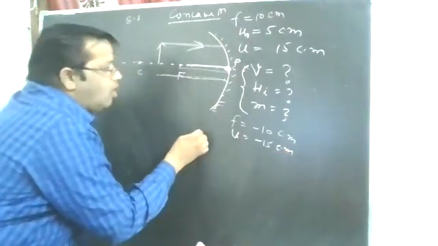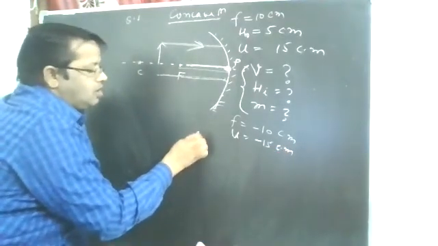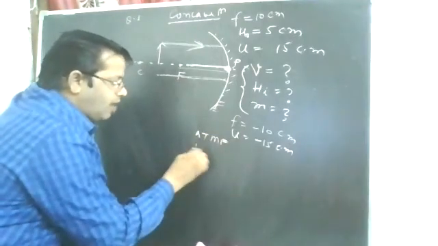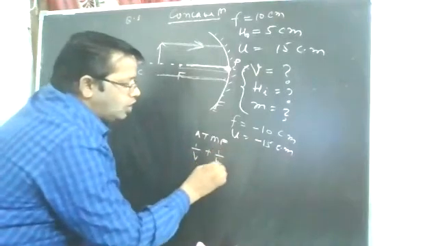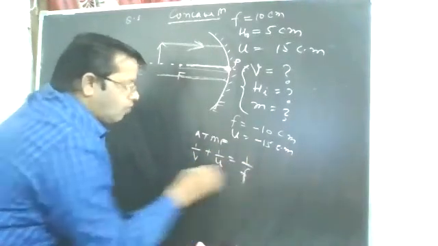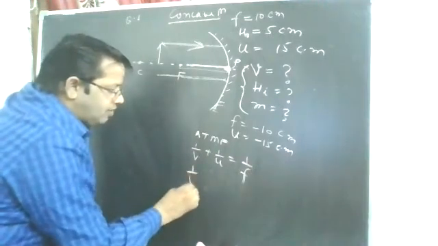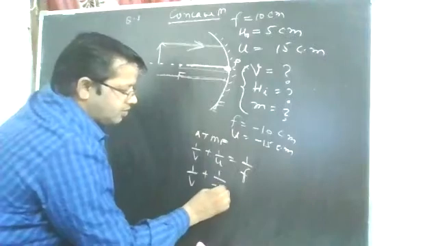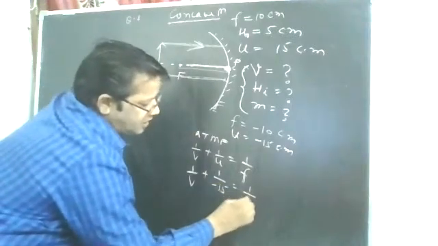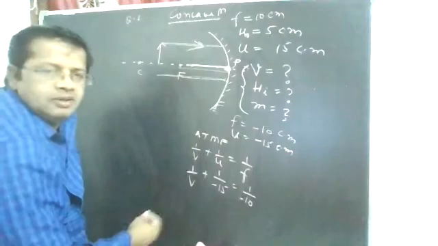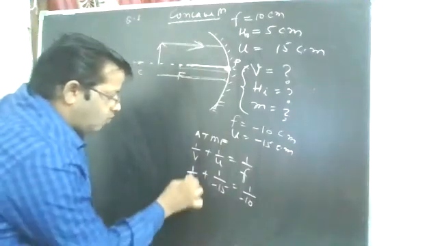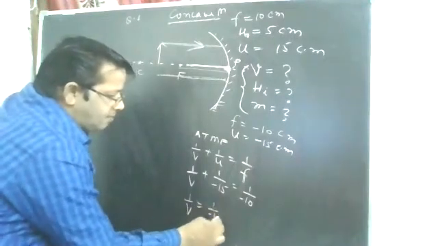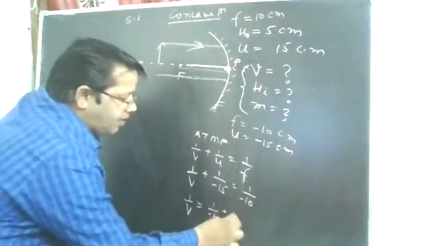Now, according to the mirror formula, 1 by v plus 1 by u is equal to 1 upon f. Here u is minus 15 and focal length is minus 10. So 1 by v is equal to 1 by minus 10 minus 1 by minus 15, which becomes minus 1 by 10 plus 1 by 15.